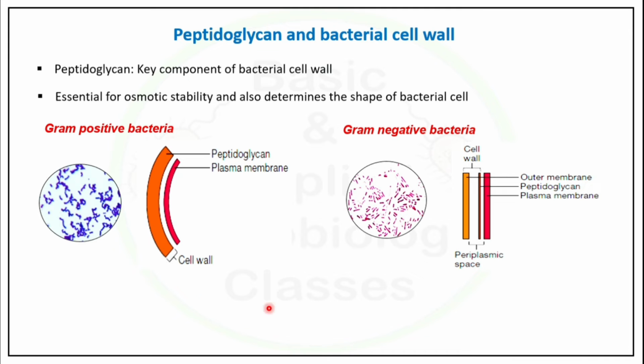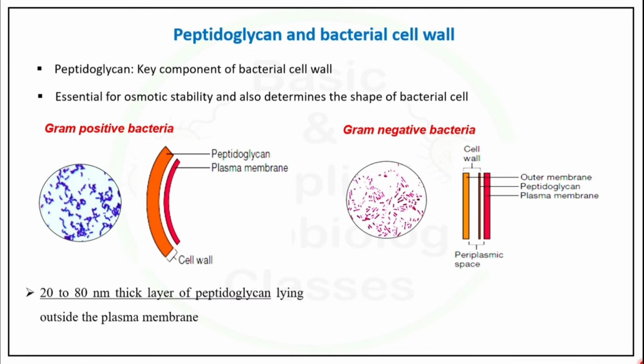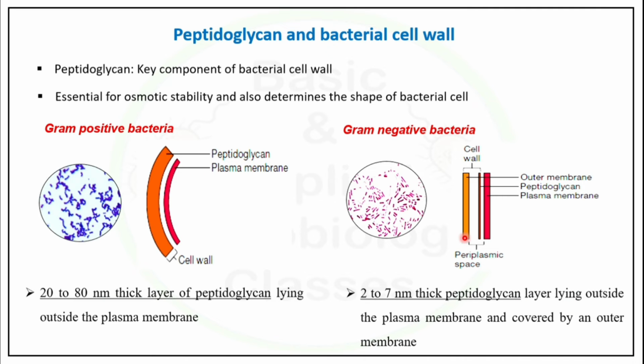As far as peptidoglycan is concerned, we should update our knowledge. The thickness of the peptidoglycan layer in gram positive bacteria cell wall is 20 to 80 nanometer. On the other hand, in gram negative bacteria, the thickness of this peptidoglycan layer is only 2 to 7 nanometer. So there is a major difference between the thickness of the peptidoglycan layer in gram positive and gram negative bacteria.